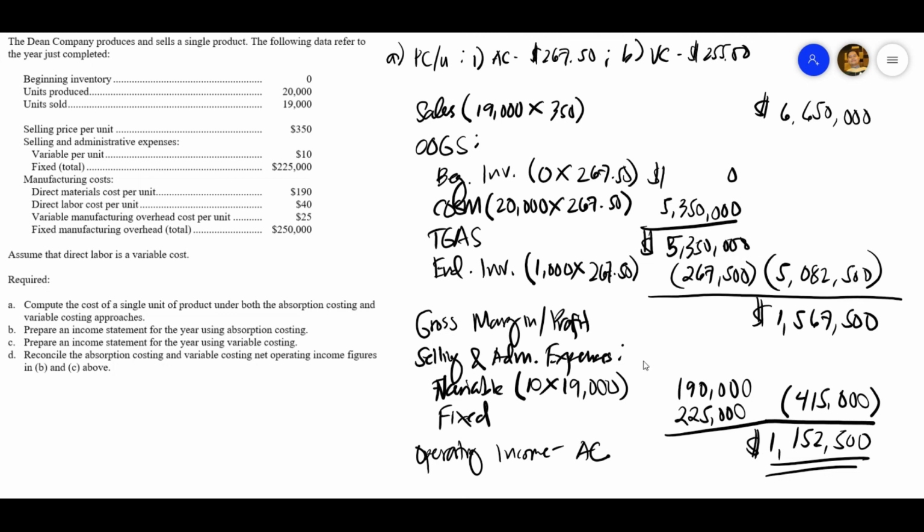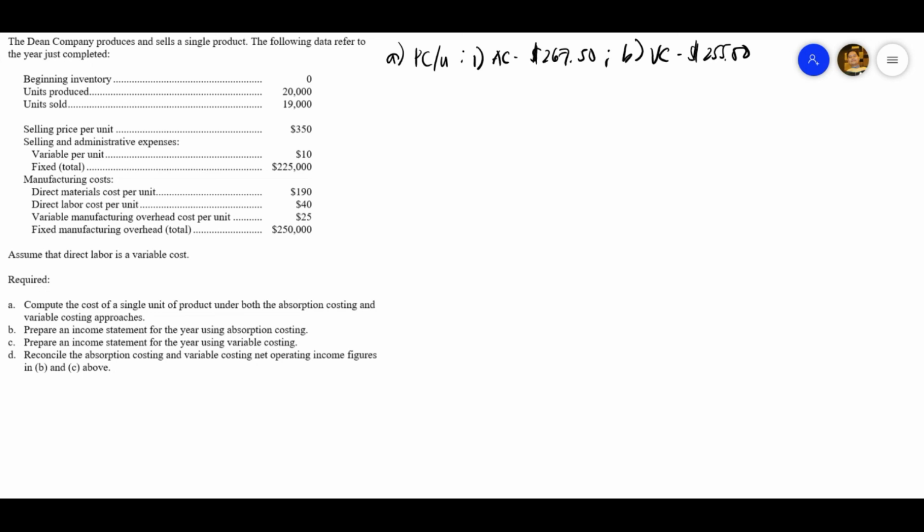Okay, just let me erase this income statement, and we'll now prepare the income statement under variable costing, the letter C. We'll start with your sales. So your sales, we have already computed this one.